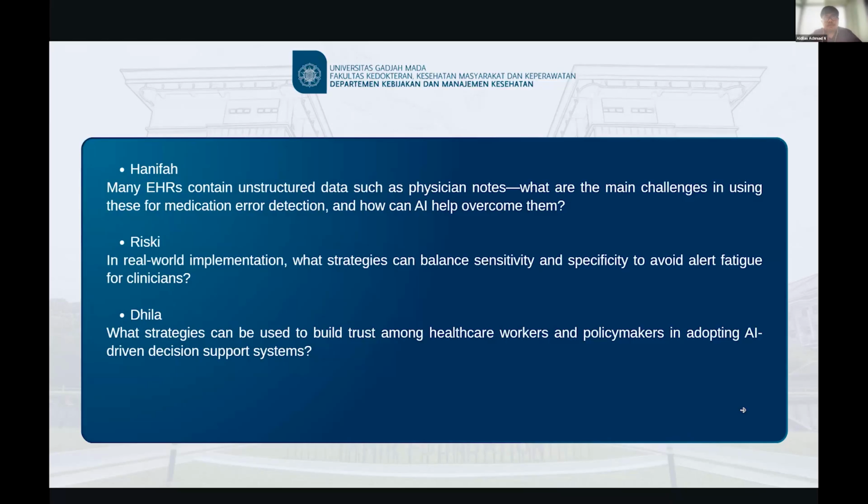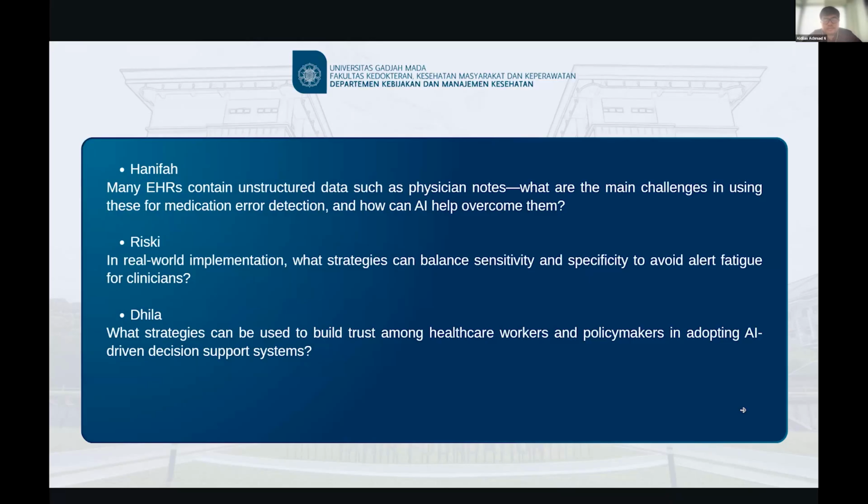Yeah, so usually what healthcare workers and policymakers are concerned about with AI is the confidentiality of the data and also the data sources, or what data we use. But it can be addressed previously by co-designing with the policymakers, developing AI-based solutions based on their pain points and problems in the field.